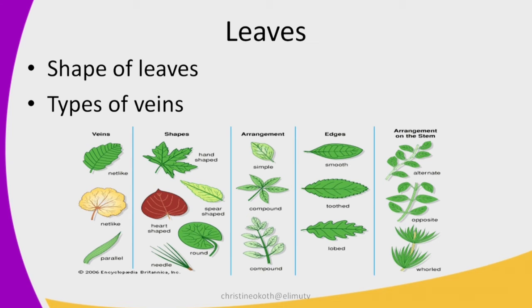Then when we look at the arrangements of the leaf within the branches or within the plant, there are various types. Some of them are simple, we call them the simple leaves, and others are compound. It means that the leaflets are attached to the petiole. Then, looking at the edges of the leaf, some of the edges might be smooth, like the first illustration, while some of them are toothed or serrated.